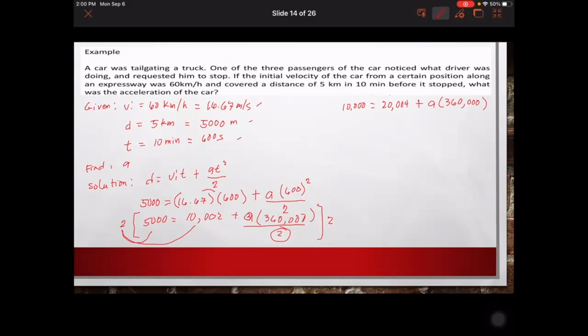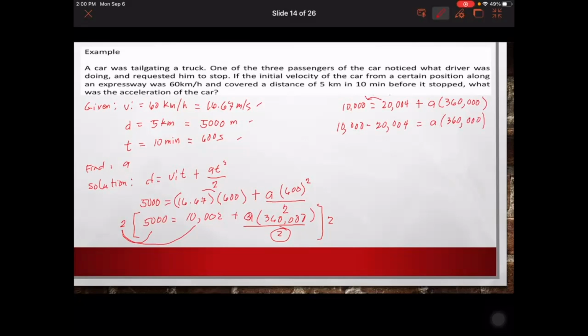Now, we have to transpose the 20,004. So, magkakaroon tayo dito ng 10,000 minus 20,004 is equal to a times 360,000.